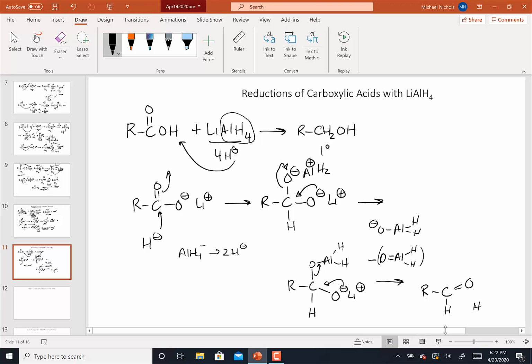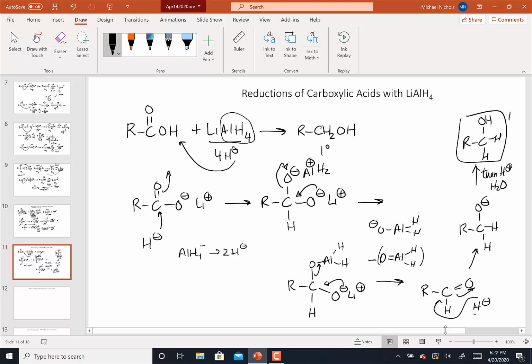Now my first H- deprotonated, my second added, and my third H- is just going to come in and reduce the aldehyde to form the primary alkoxide. Now I'm ready for H+ H2O. It's an awkward mechanism, but it ends up reducing all the way down to the primary alcohol.